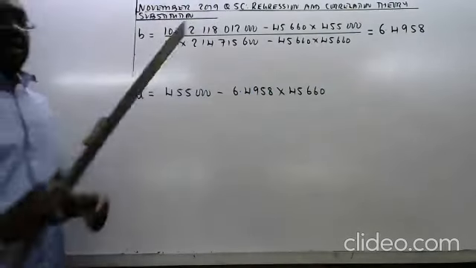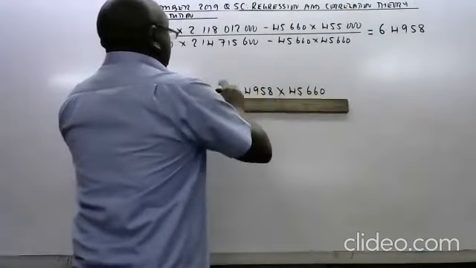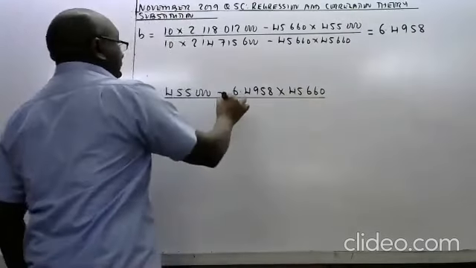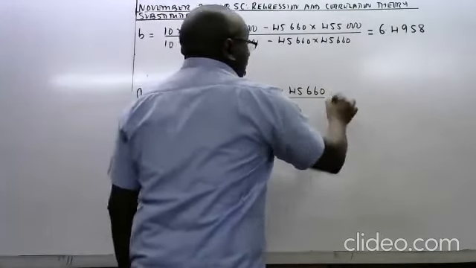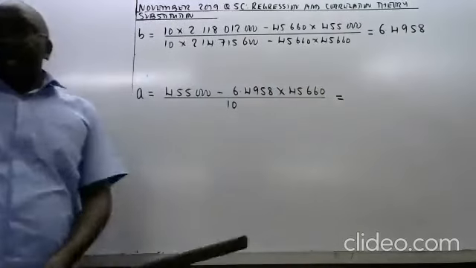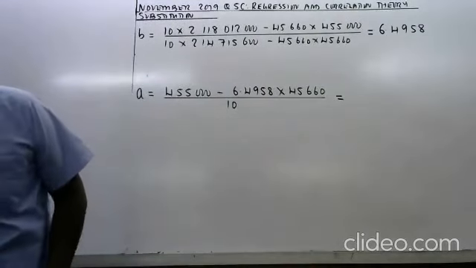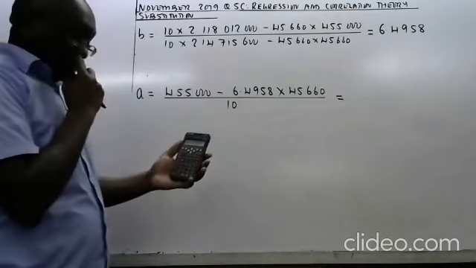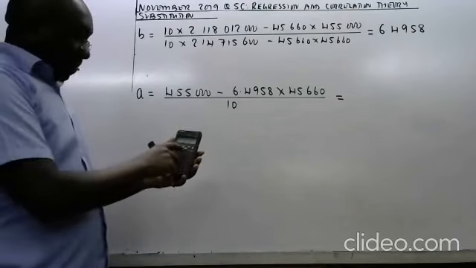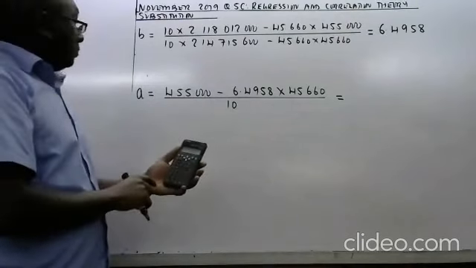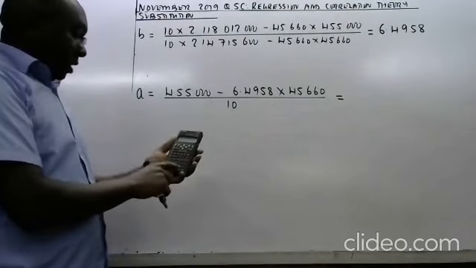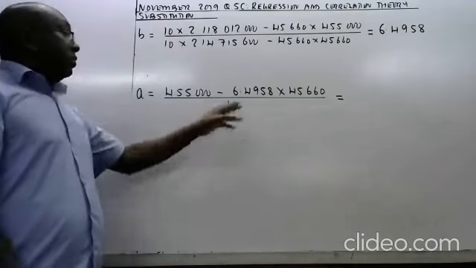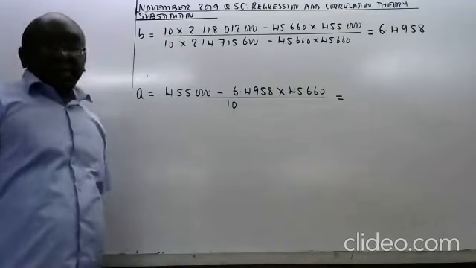You divide by n, which is 10. So once again, send me the answer. If you are getting it from the calc, you press shift button number 2. You will play forward up to where we have A, 1 equals. If you are solving manually, you just go kawaida, give me the answer.